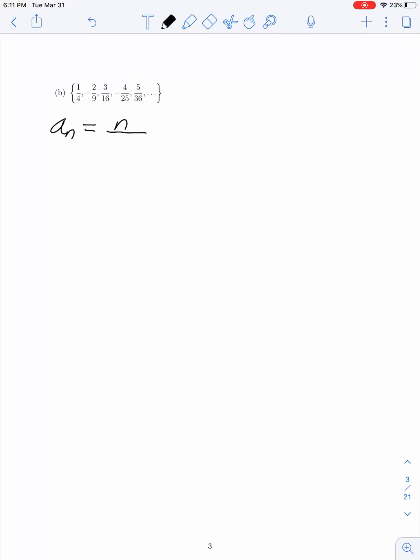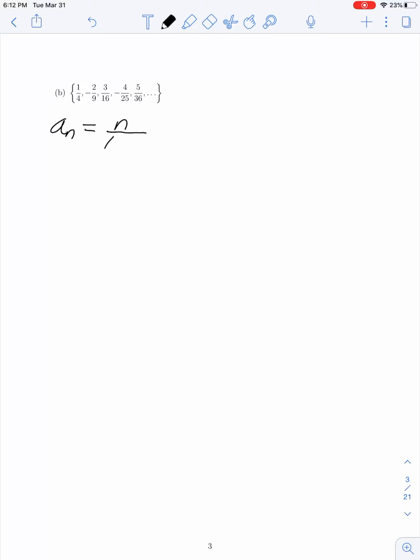So if I look at the numerator of these different terms for the sequence, they are 1, 2, 3, 4, and 5. So in general, the nth term will have a numerator of n, where we're starting with n equals 1, and then moving to 2, 3, 4, 5, and so on. Now, if we look at the denominator for each of these terms, we have 4, 9, 16, 25, and 36, which we recognize are all squares of different integer values.